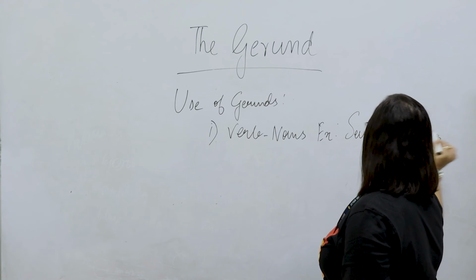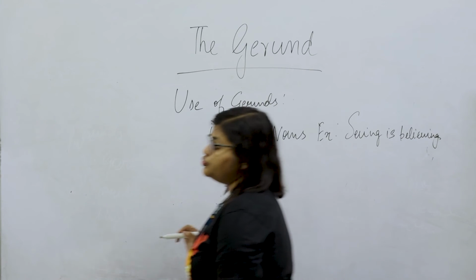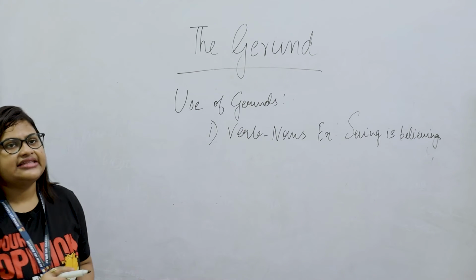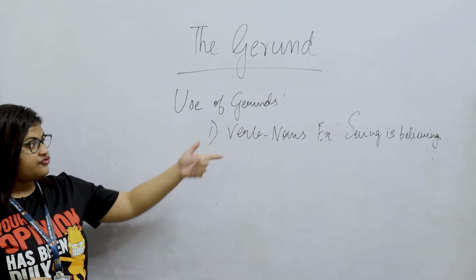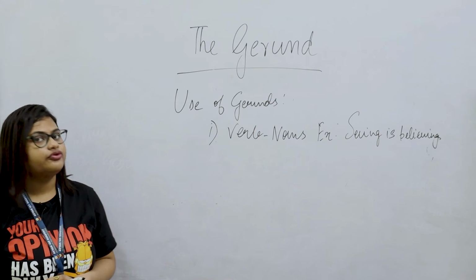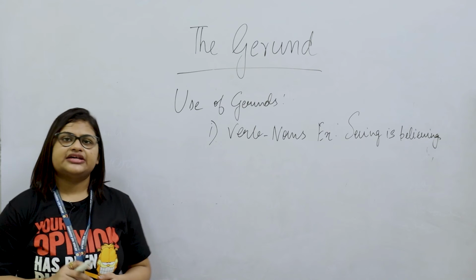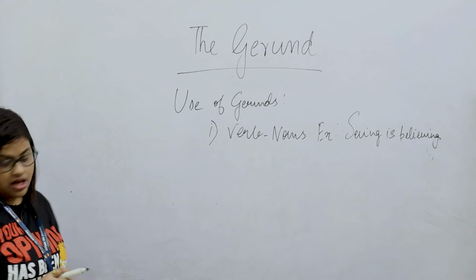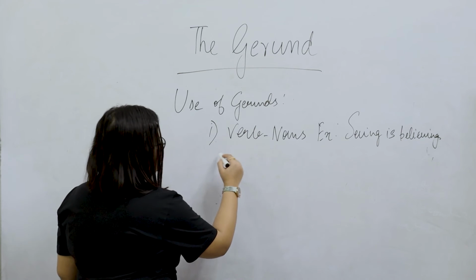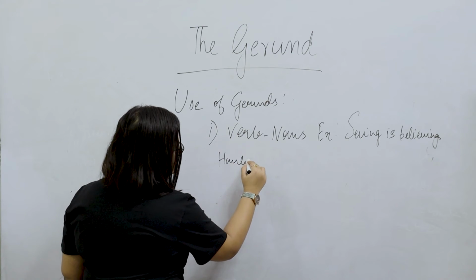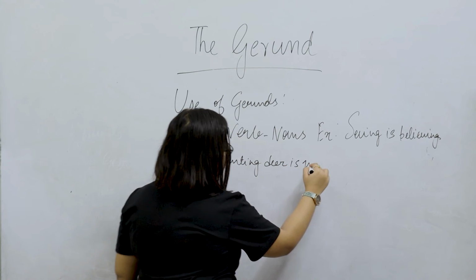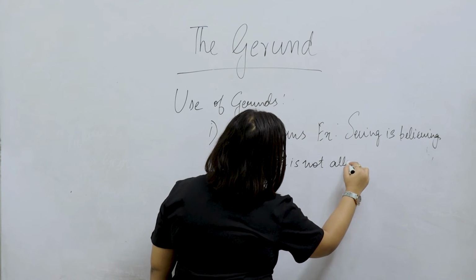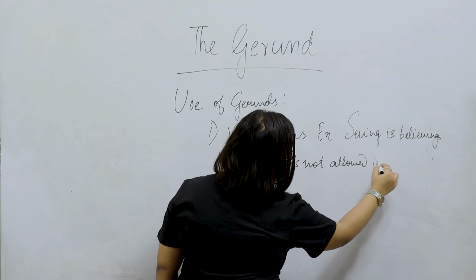That is what we classify gerund as, that there have to be two conditions. They have to be ending with an ing form, as well as they have to have the quality of both the noun as well as the verb. We can also say, hunting deer is not allowed in this country.